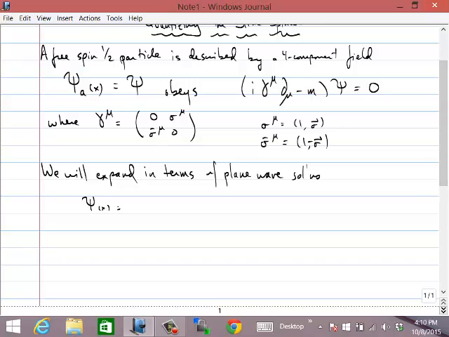So a general solution will look like, say, e to the i p dot x. And here I'll look for a solution that has negative frequency.